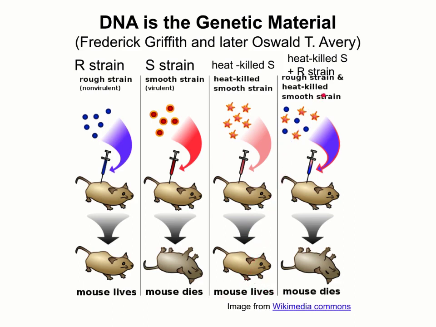Here's the really interesting part. In the last experiment, they injected a combination of heat-killed S cells and R cells, two non-virulent strains, and the combination killed the mice. Not only did the mice die, but you could recover live S bacteria from the dead mice. What's happening? First of all, let's be clear that the dead S cells are not magically resurrected.